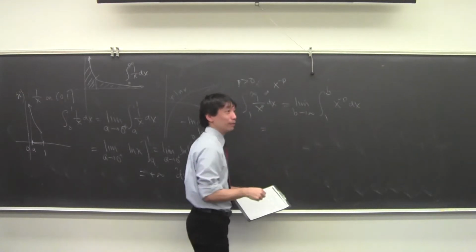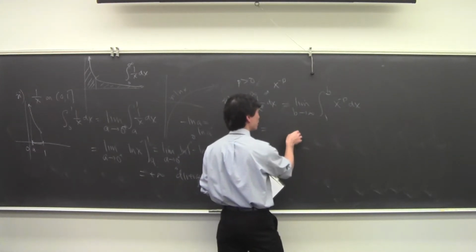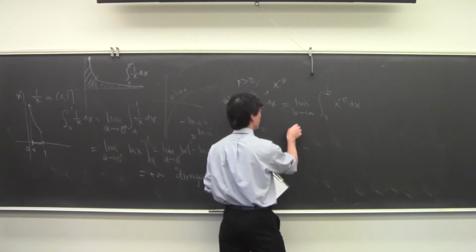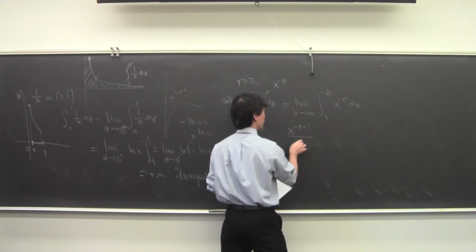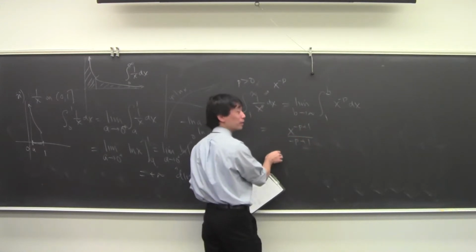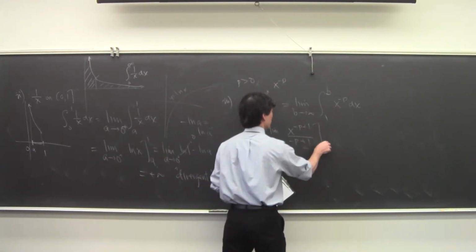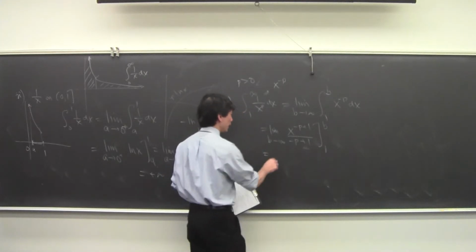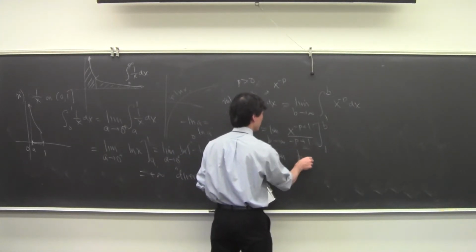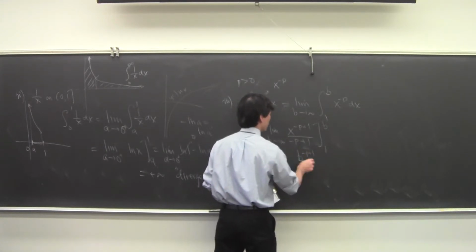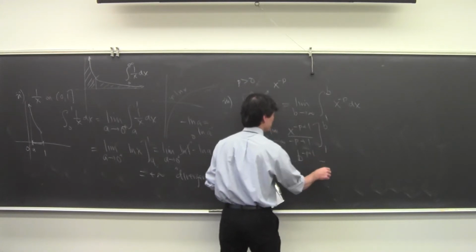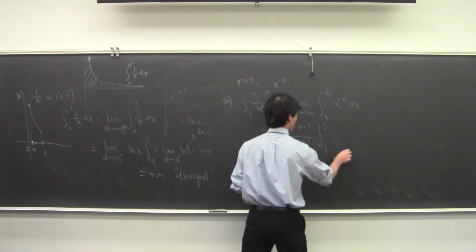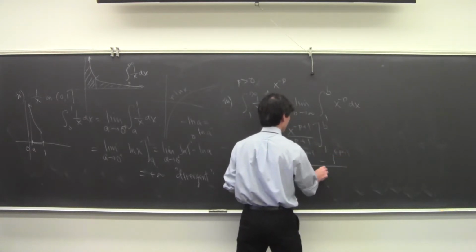Then we get x to the negative p plus 1 over negative p plus 1, evaluated from 1 to b. So we get b to the negative p plus 1 minus 1 to the negative p plus 1, everything over negative p plus 1.